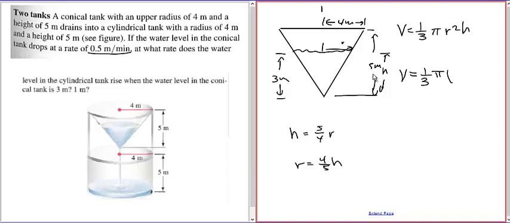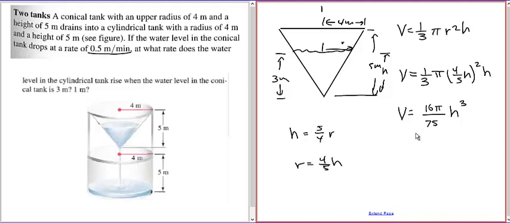R is 4/5 H. So you get 4/5 H, that's R, squared, times H. If you square 4, you get 16. So you get 16 pi divided by 3 times 5 squared, which is 75, times H cubed. So that's my geometric relationship.